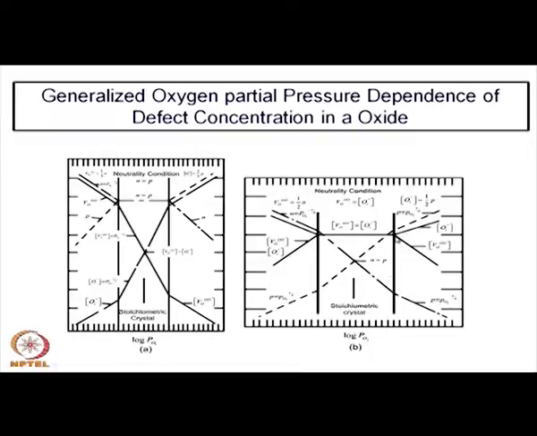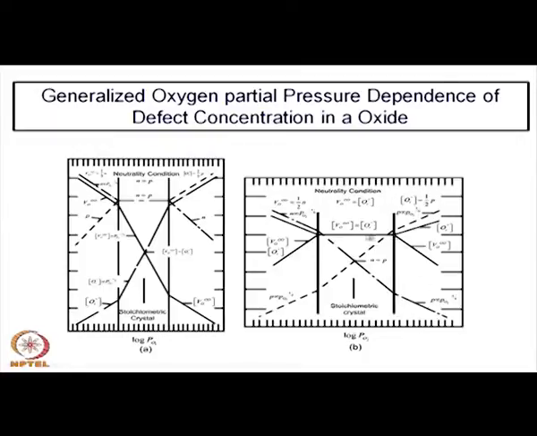This is an anti-Frenkel defect kind of situation, and at a very high PO2, of course, what is high is not mentioned here specifically, that will depend on the particular oxide, but the characteristic changes. The high is characterized here because the nature of the neutrality condition changes, and one changes from a constant value of these defects to an increasing value of the defect. That means this oxygen interstitial increases beyond this point.